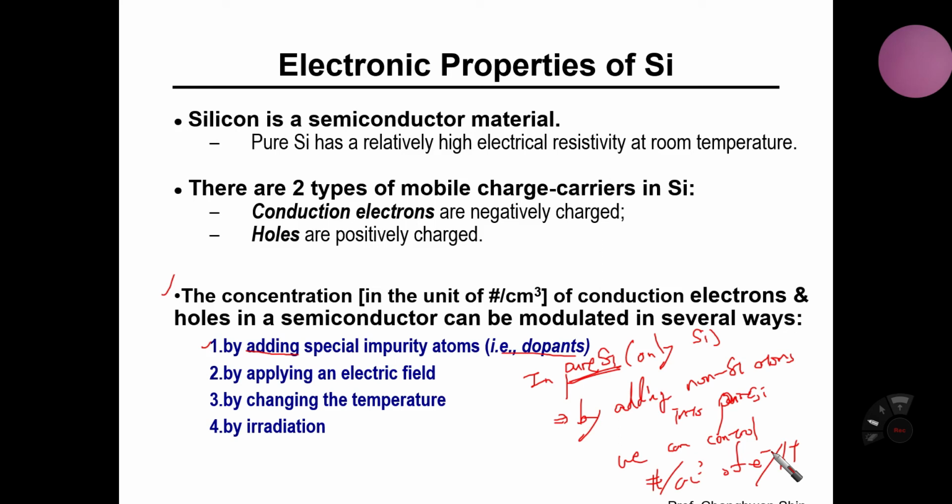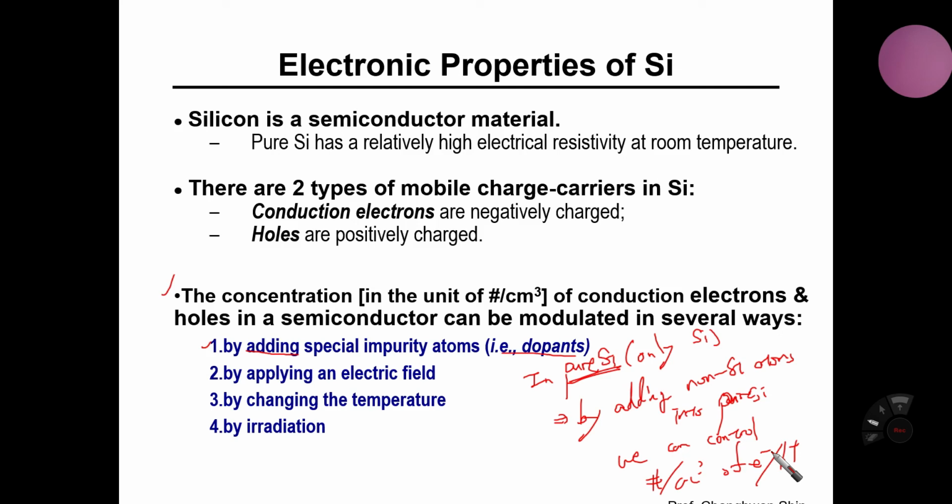What is the main actor for flowing current? Again, that is conduction electrons. Where do conduction electrons come from? The four outermost electrons of a silicon atom, because they are loosely, weakly bound to the positively charged particles of the silicon atom. Therefore, by adding non-silicon atoms, we can control the total number of electrons and holes, resulting in the amount of current flow in a certain electronic component, such as a diode or transistor, in a digital computer.